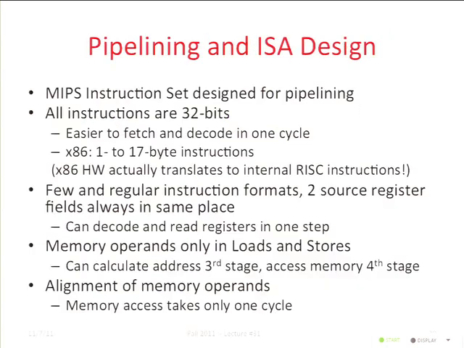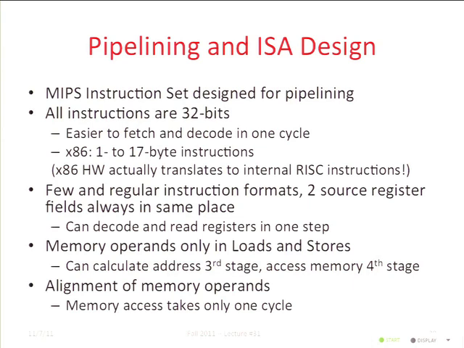Okay, so some things about the instruction set. We've actually already talked about most of this, but the fact that MIPS has all the instructions as being 32 bits makes it easy to figure out what's going on. Other processors like the x86 have 1-byte instructions, and evidently 17-byte instructions, and you've got to figure out how to pull all those apart in hardware. We don't have to do that because every instruction is 32 bits. The high order 6 bits are the opcode, and the low order 6 bits, if the opcode's a 0, are going to be the function code, and that's kind of how it works.